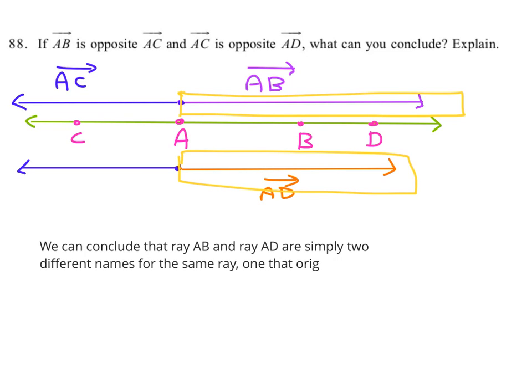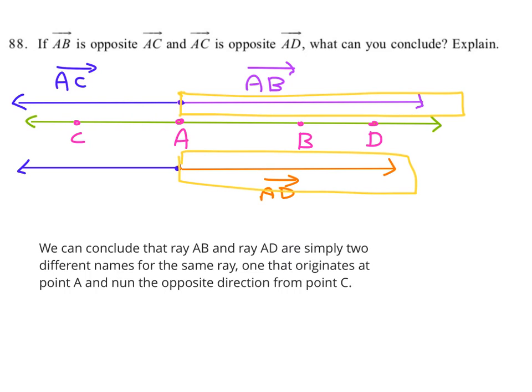One that originates at point A and runs in the opposite direction from point C. Sorry, I couldn't see what I was typing when I was typing it there. And runs in the opposite direction from point C.